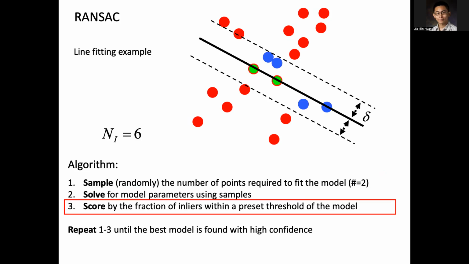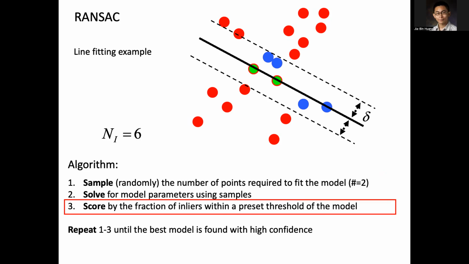The reason why you need to have a boundary is that all those points are noisy, and even if you have a true line here, you couldn't really have points that lie exactly on that line. So you need to have some slack to count whether the points are inliers or not.